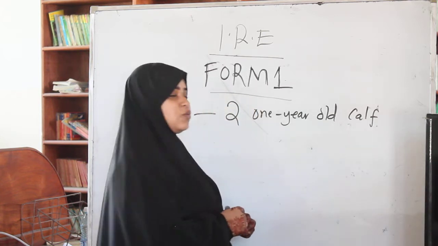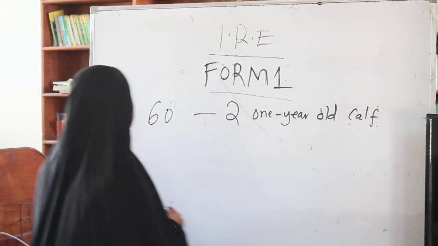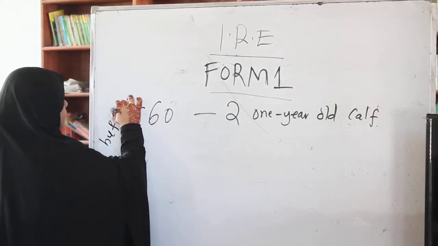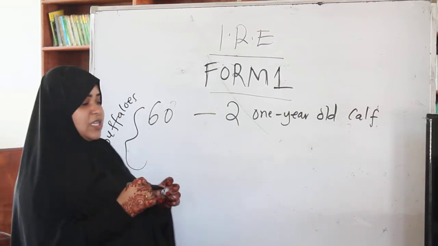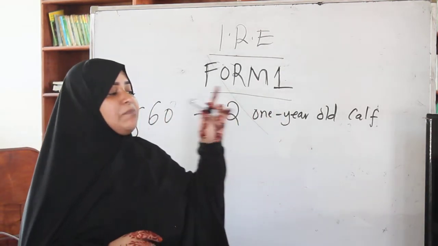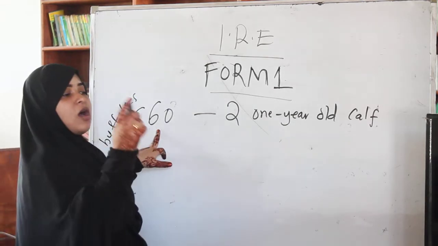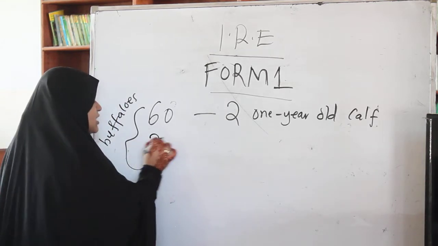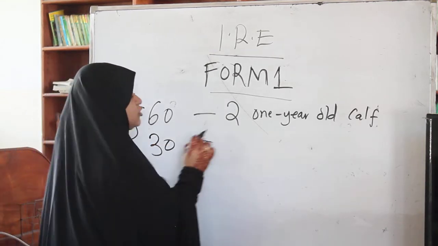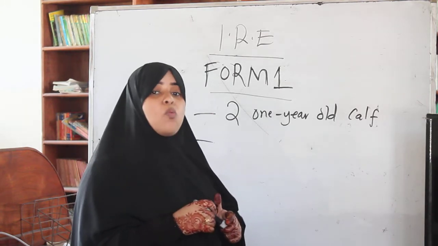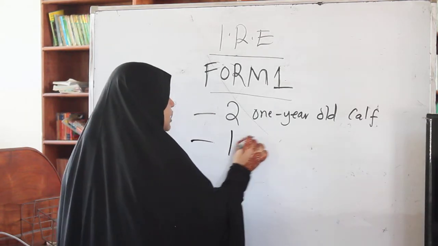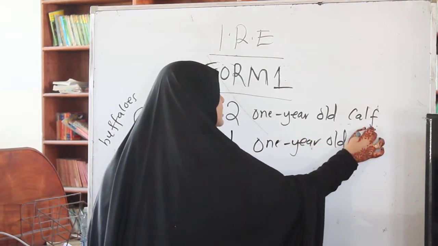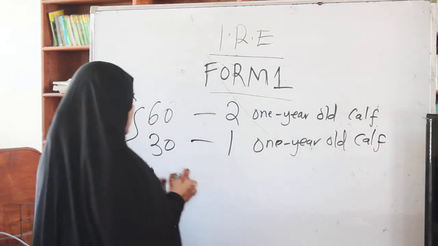So let's start with the buffaloes. We are saying for every 30 buffaloes above 60 head, these are the 60 head, so for every 30 above 60 you have to give an extra 1 year old calf.